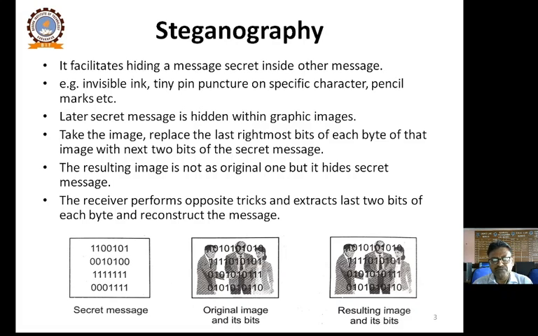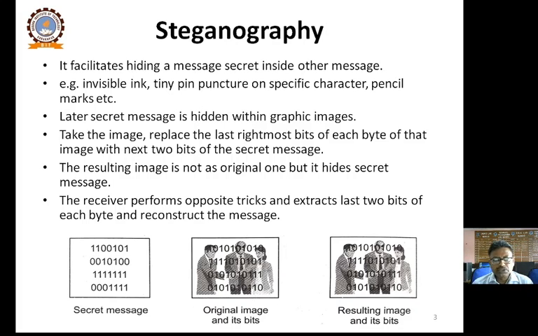But steganography is a technique in which we try to hide a secret message inside another message. The examples which exist in public are invisible ink, pin puncture, specific characters, or pencil marks, etc.